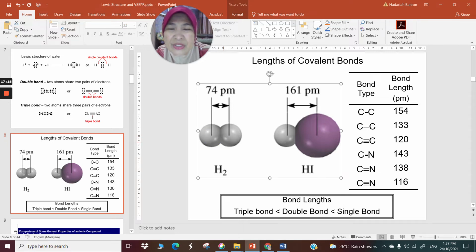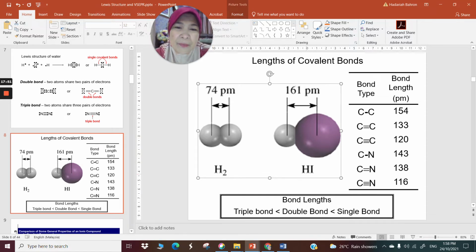When one atom of hydrogen bonds with another atom of hydrogen, making an H2 gas molecule, the distance between the nucleus of the hydrogen on the left and the nucleus of the hydrogen on the right is 74 picometers. So the bond length of H-H is 74 picometers.